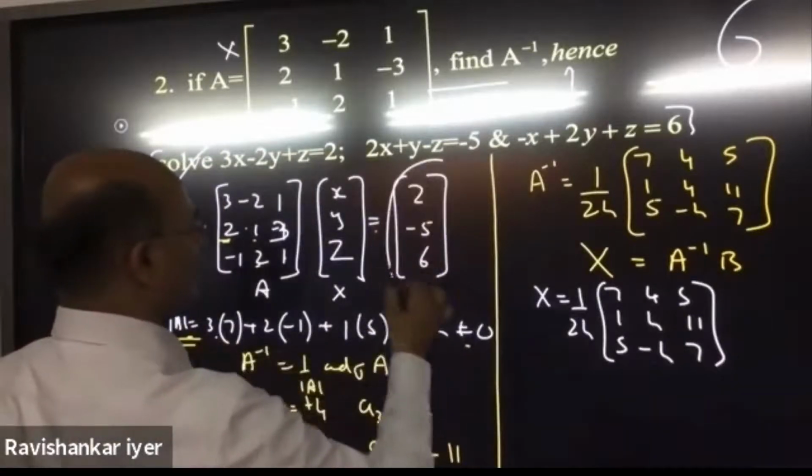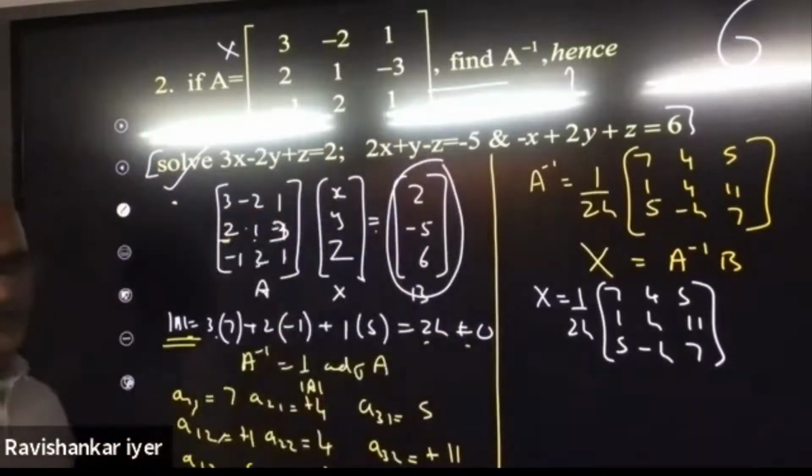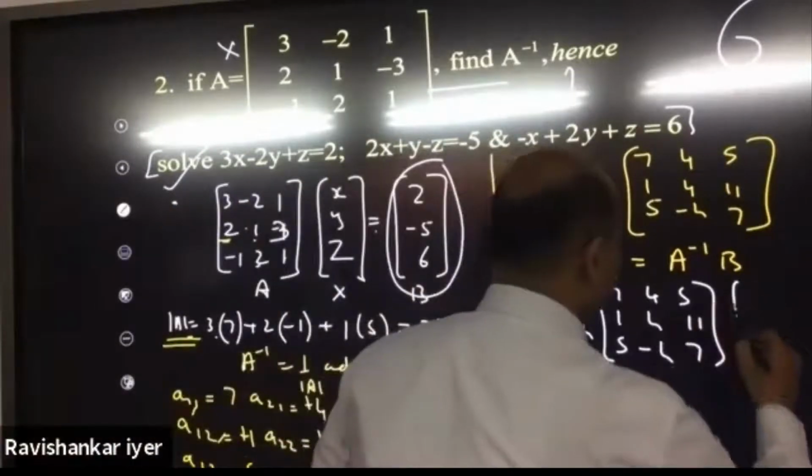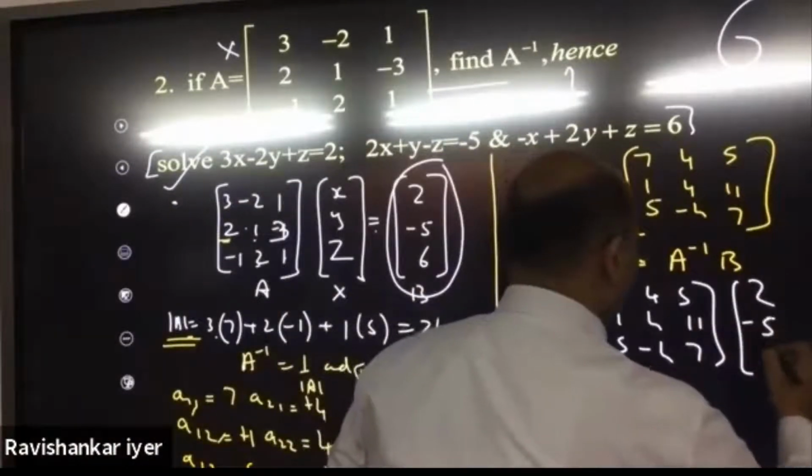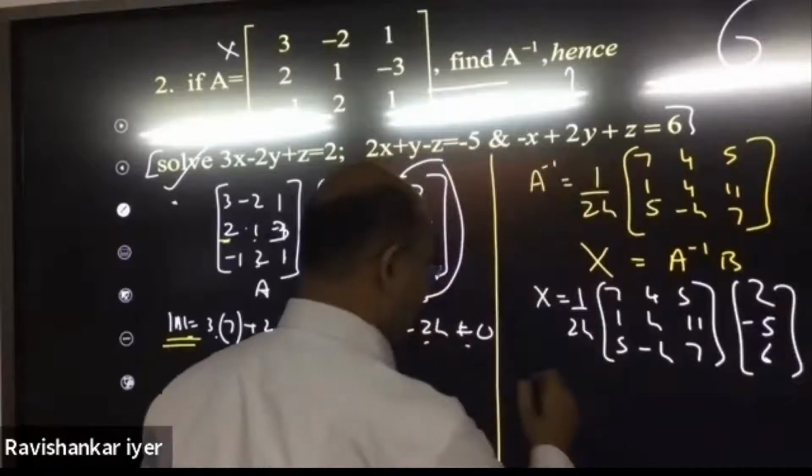The B matrix is 2, minus 5, 6. That's it. My game is over.